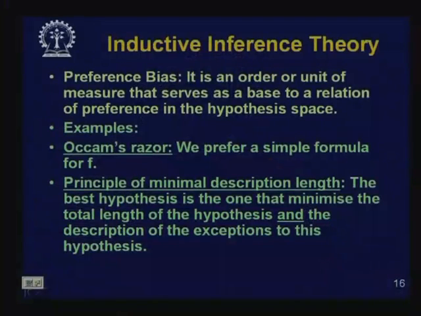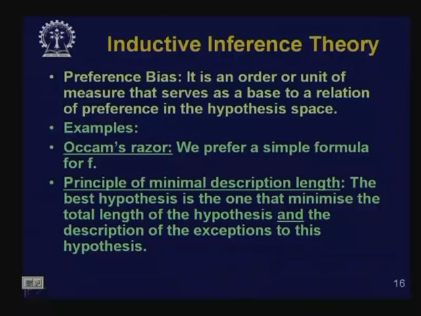And a second type of preference bias, which is also very similar, is the principle of minimum description length, or MDL, which states that the best hypothesis is the one that minimizes the total length of the hypothesis and the description of the exceptions to the hypothesis. So, these are some of the biases that people have used.